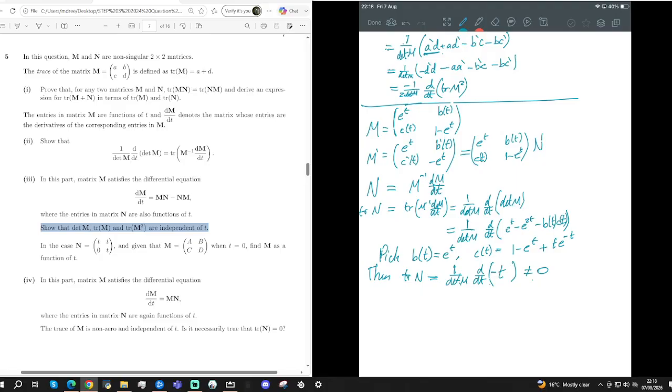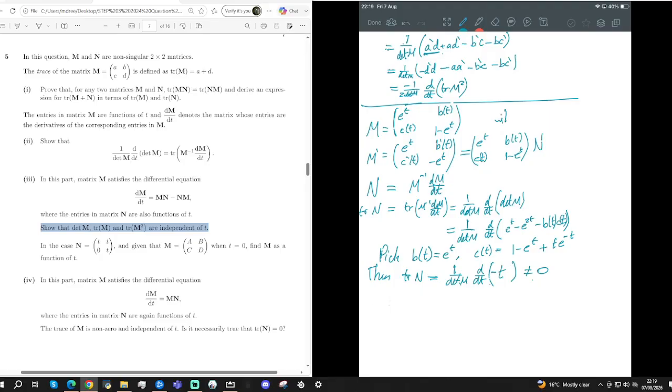So is it necessarily true that the trace of n is equal to 0? No. It could be this setup. And the final thing to check is, well, det m is non-zero. The trace of m is also non-zero. That's what I should say.